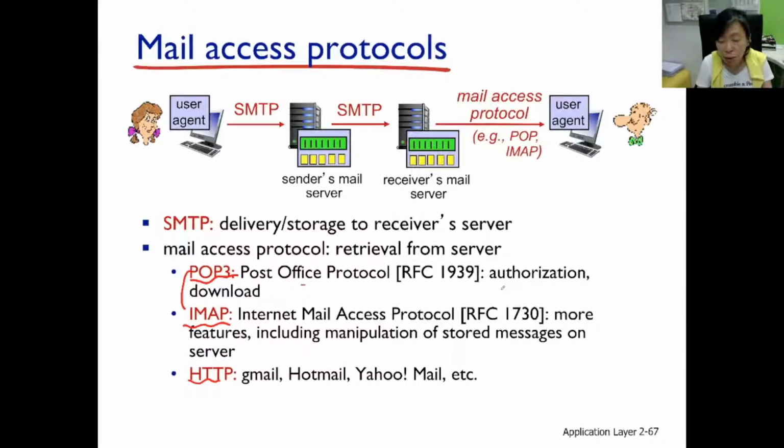The functionality is also similar. First, the receiver needs to authenticate itself, authorize itself, and then begin downloading emails. IMAP being a slightly newer version, it includes a number of other features, including, for example, we could store the email messages in a more structural way, for example, creating folders and putting certain emails in certain folders.